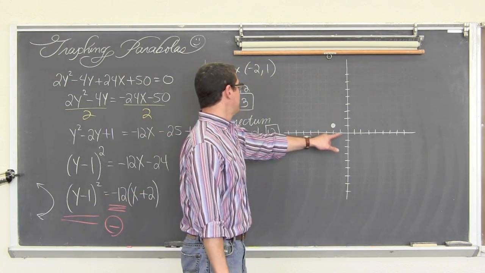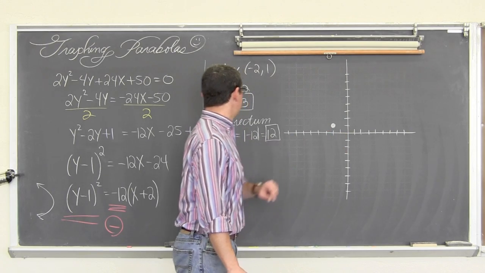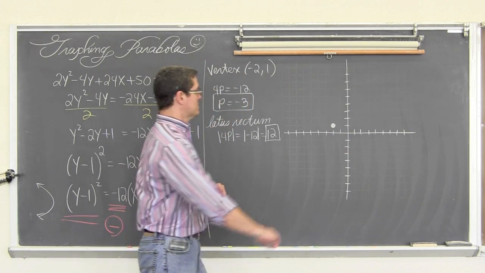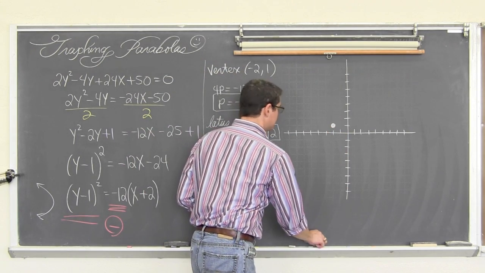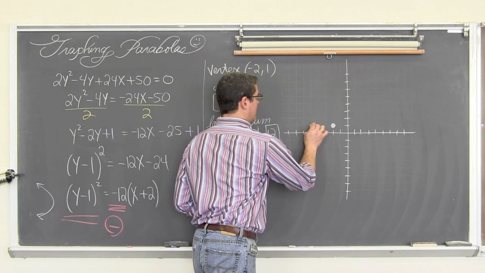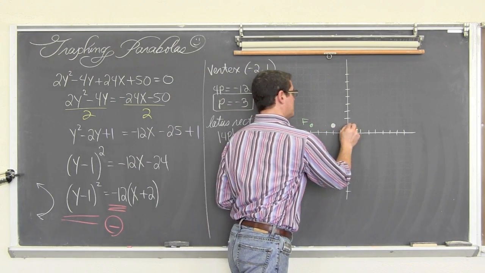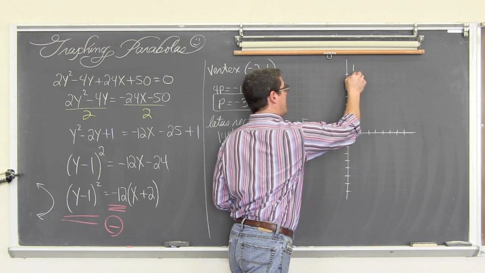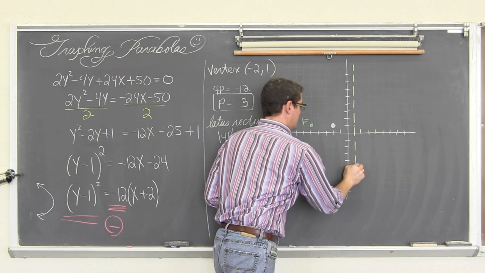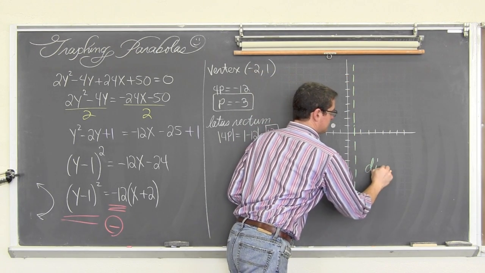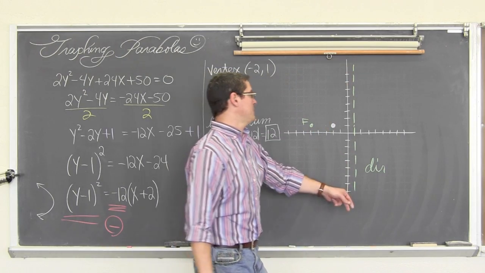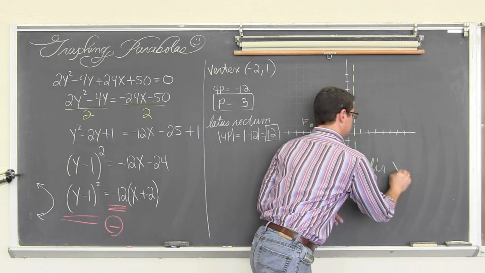So from my vertex of negative 2, 1, my p-value is 3. So I'm going to go left 3 spaces. So 1, 2, 3. And that's going to be my focus point. I'm going to go right 3 spaces. 1, 2, 3. And that's going to be my directrix line, which is going to be x equals 1.